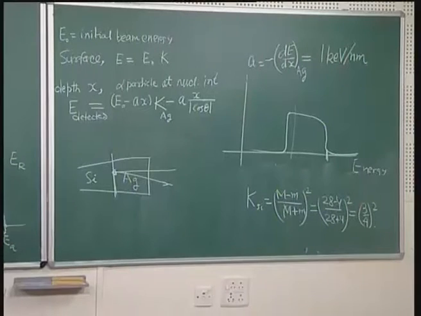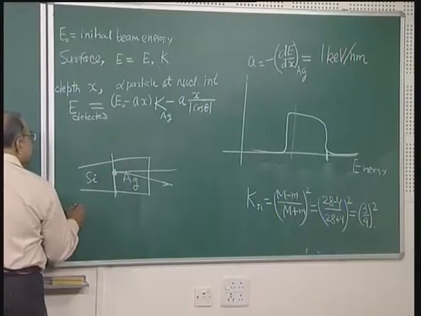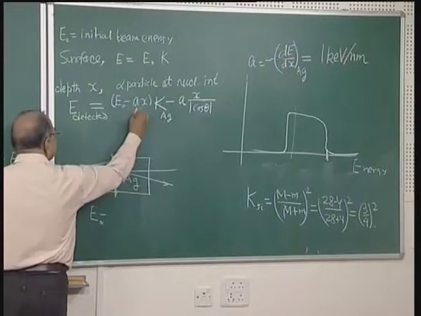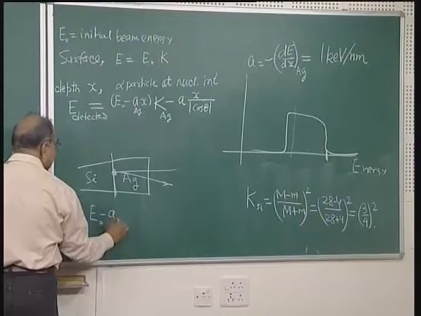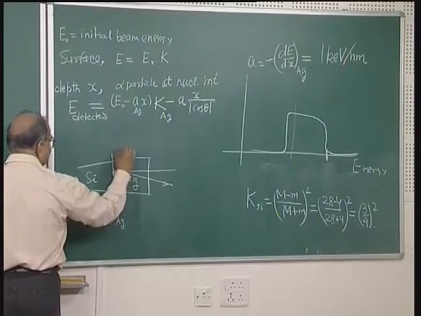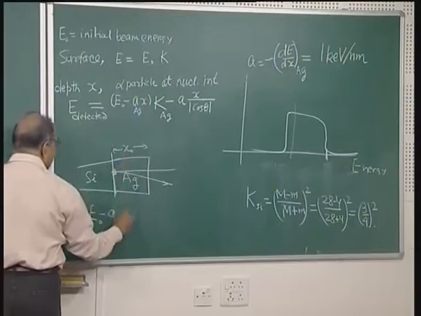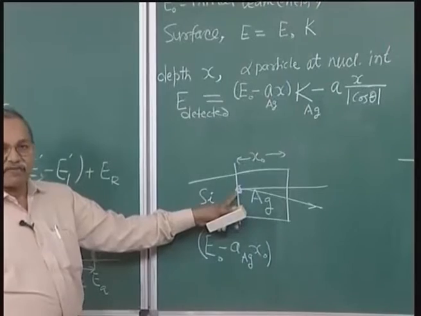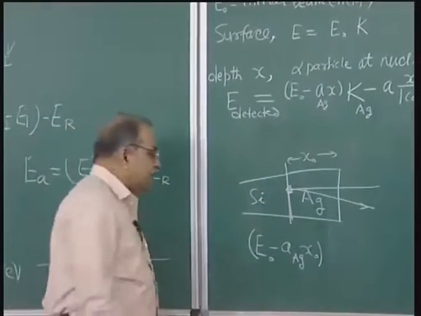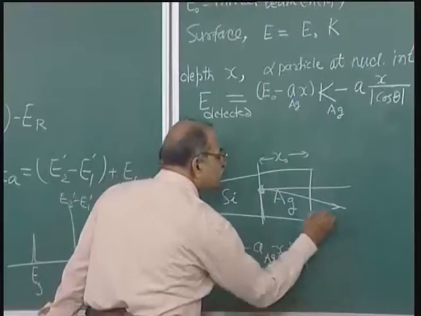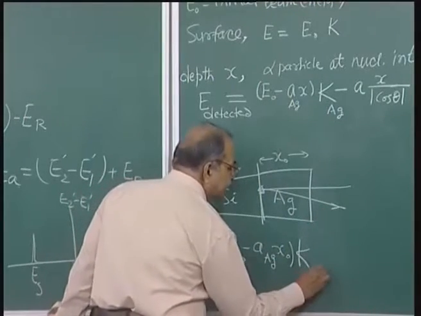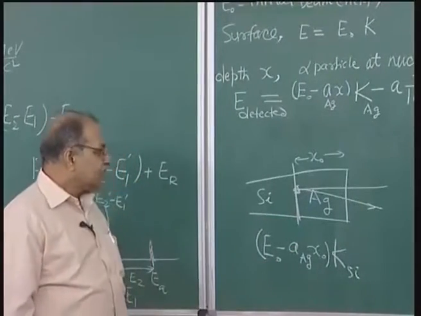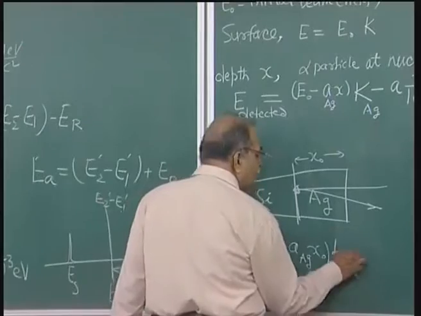So, that is this. When it falls here, at that time it is E naught minus A silver times this whole depth, x naught. With this energy it reaches the interface, and then from here when this alpha particle rebounds or backscatters, the kinetic energy is reduced, multiplied by this kinematic factor K, and from there it has to go again in silver.